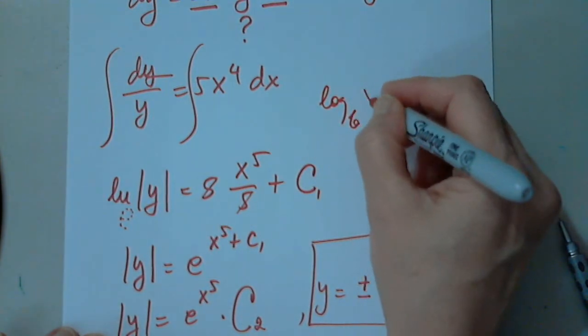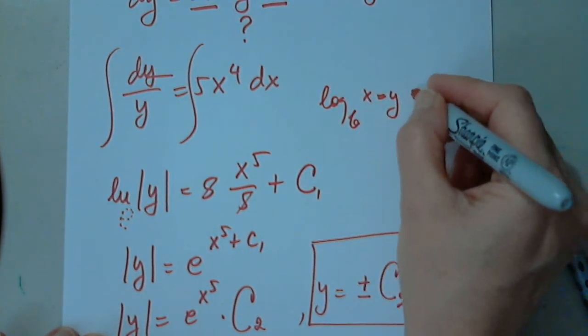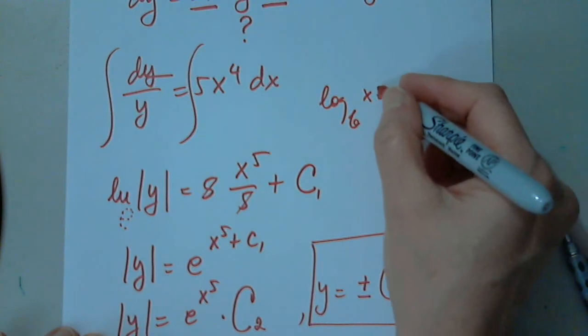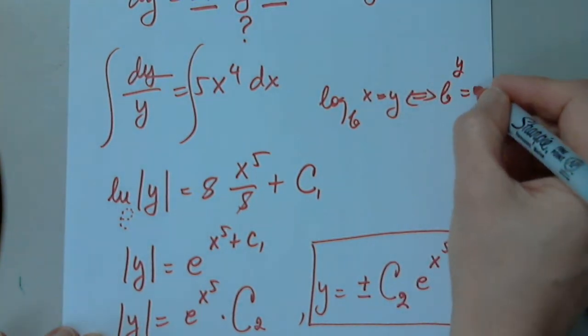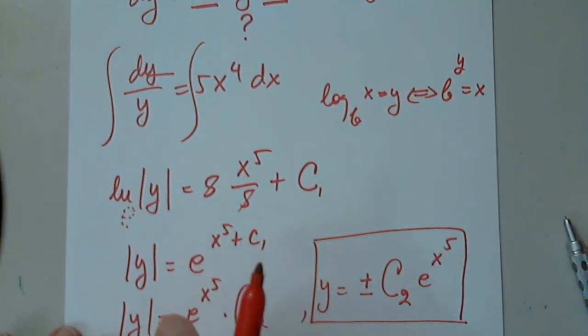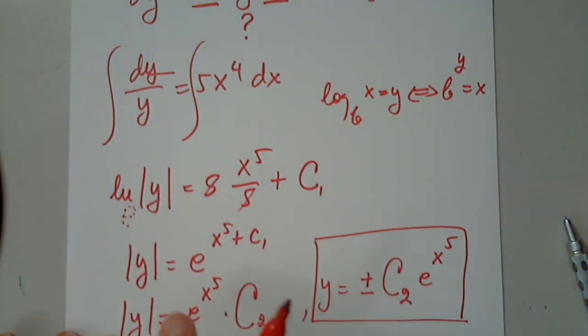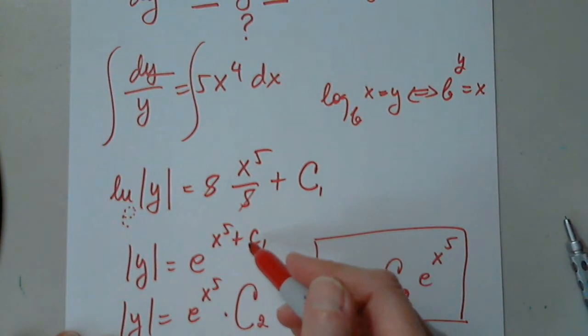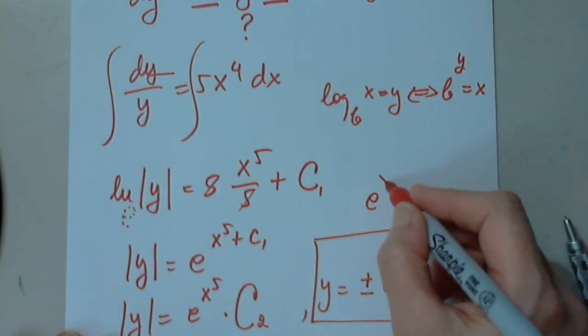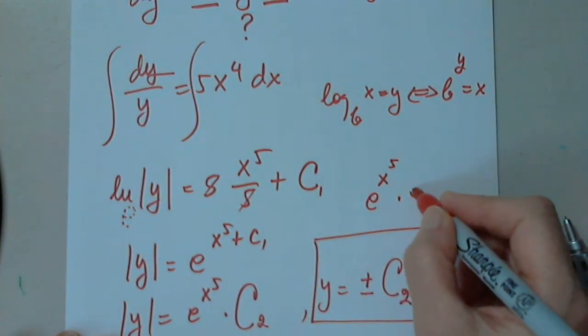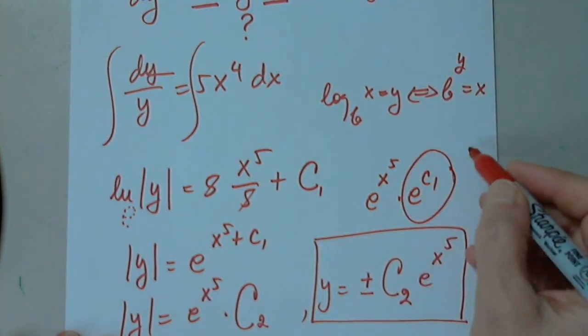Log base b of x is y is equivalent to b raised to y equals x. This is what I'm using here. B raised to y equals this. So then we can separate this as e to x to the 5th times e to c1. And I'm going to call this c2.